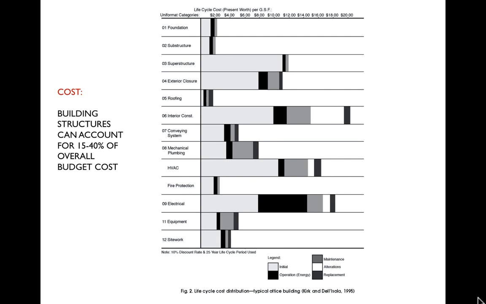There will be push and pull, of course, on any project, and we'll end up often arguing with our engineers or our consultants about how this money gets distributed. But any way that we can make structure especially more efficient means that there will be more cash, essentially more budget, for some of the things that we really value.